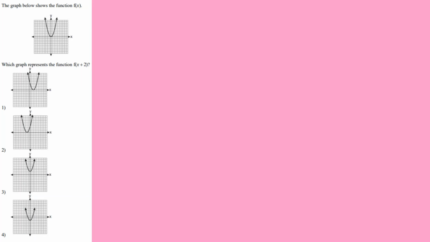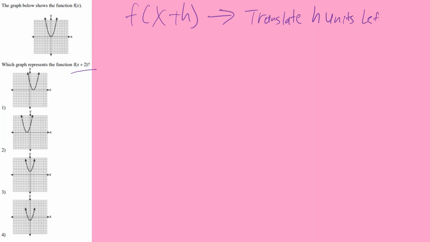Okay, so in order to solve this, we must recognize that this f of x plus 2 is in the form f of x plus h, which just means translate h units left. So that means that if we plug that in, we're translating 2 units left.